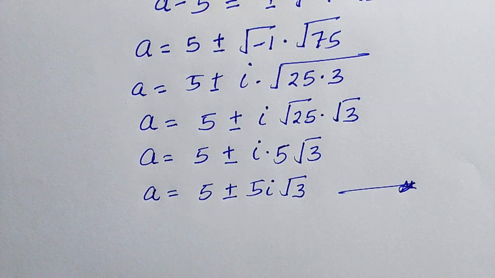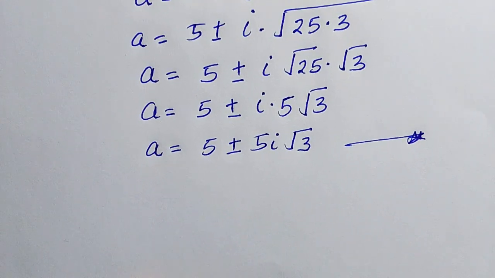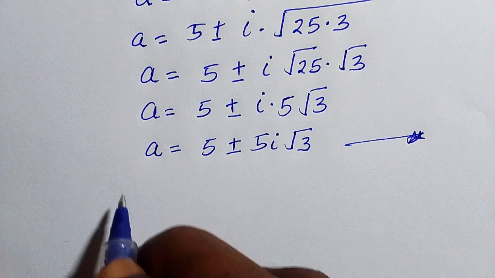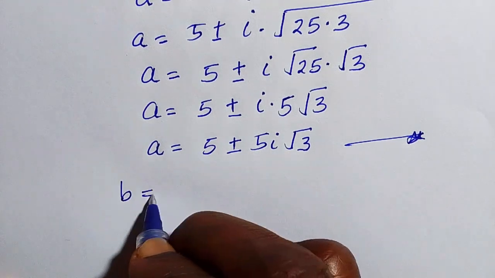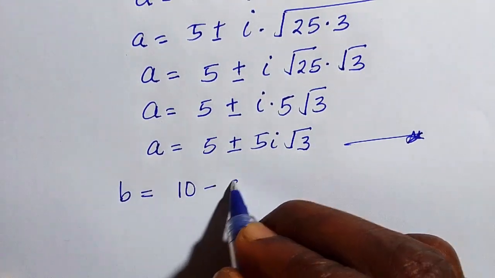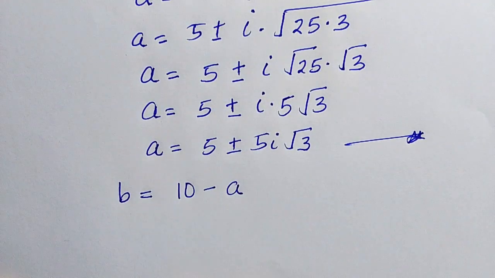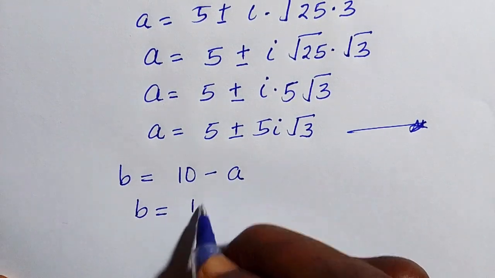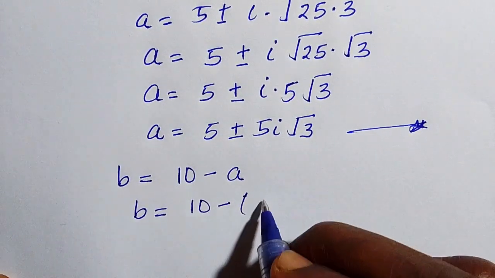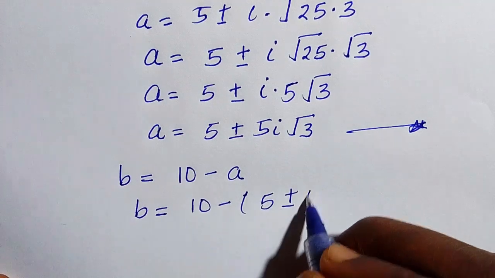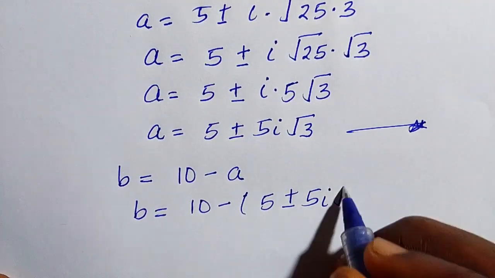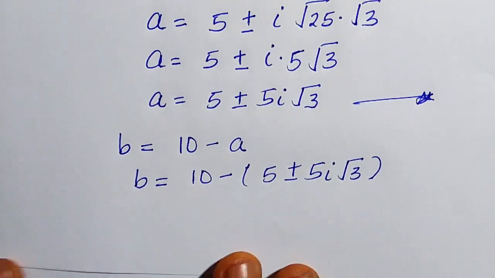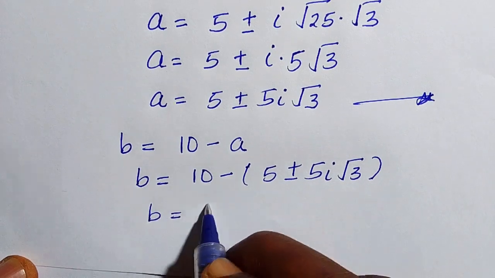Then recalling where we let b = 10 - a, to get the value of b as well, we have b = 10 - a. When we substitute the value of a, we have b = 10 - (5 plus or minus 5i√3).